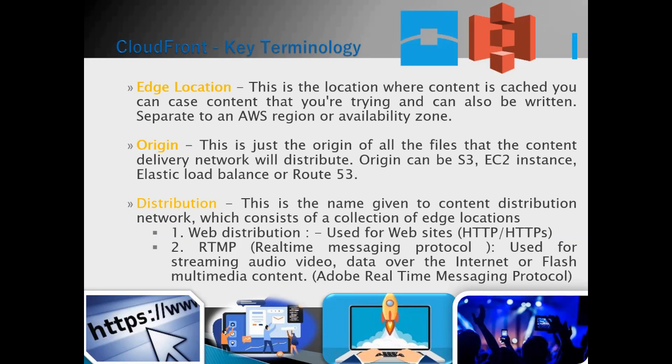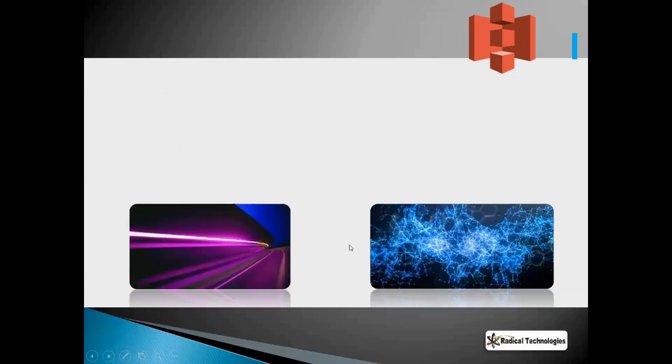It can be audio, video, or Flash media content. Basically, the real-time data which you need to stream over the internet is cached by RTMP. So there are two types of distribution: static website content, and data you need to stream, or multimedia content.